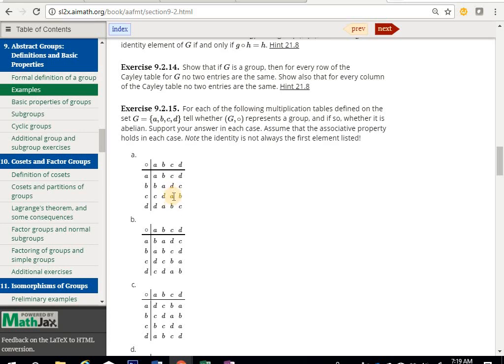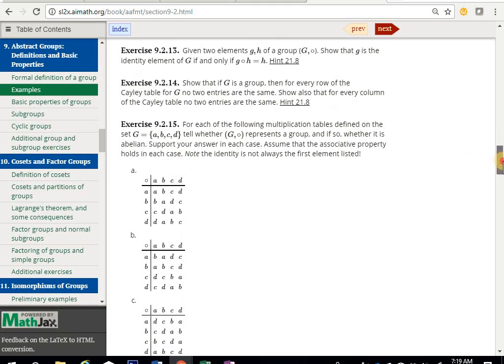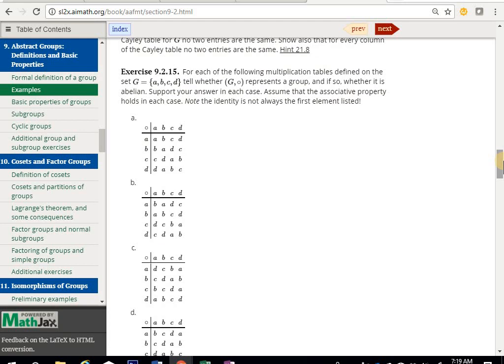Now what about D? Here you have D times B equals A, but you don't have B times D equals A. So you can simply say D has no inverse because D circle B equals A, but B circle D is not equal to A. All right? So in fact, you could just write that single statement and move on. Or actually, you would need to mention that A is the identity.